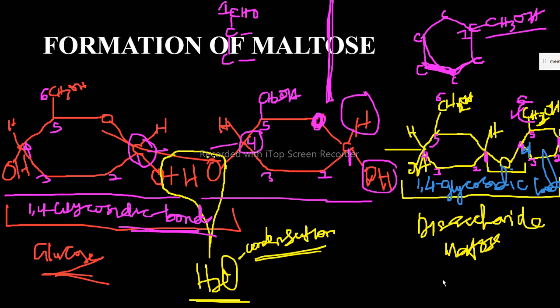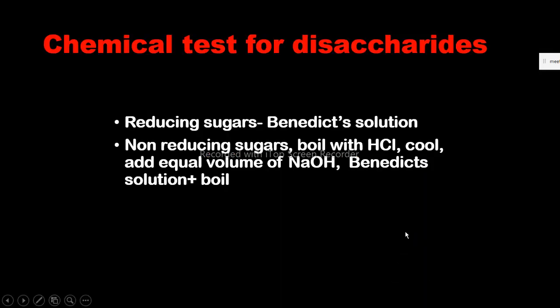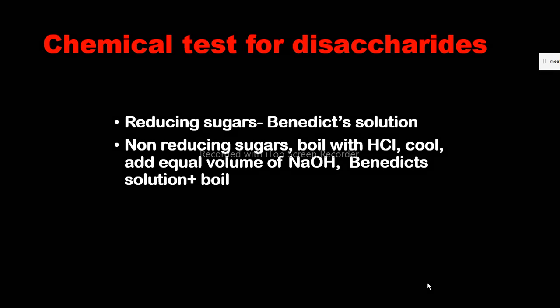Now I'm going to erase everything that is on the screen. So I hope now disaccharides are ready. Now with the chemical tests, like we said, of all the three, two are non-reducing sugars and one is a reducing sugar. Which one is a reducing sugar? Maltose.